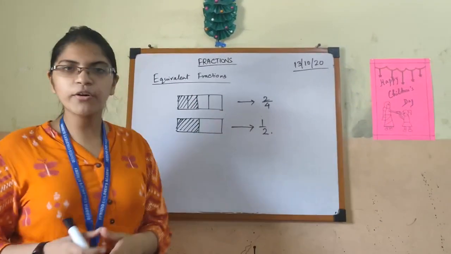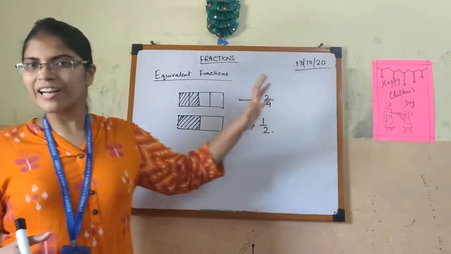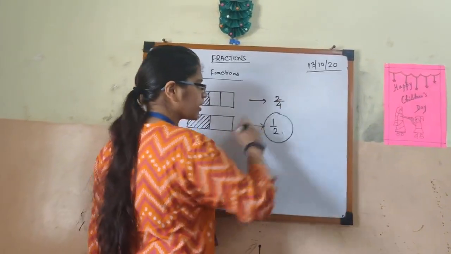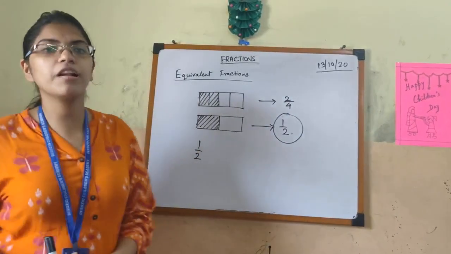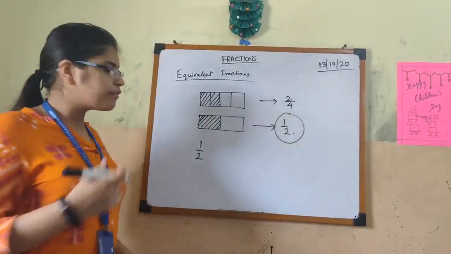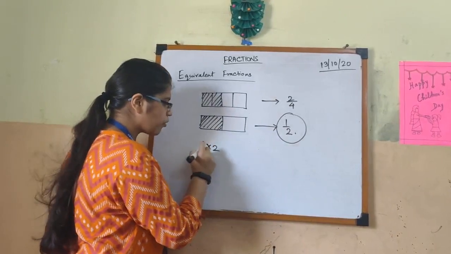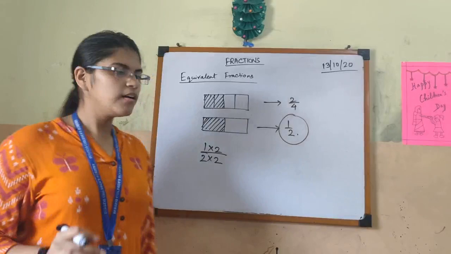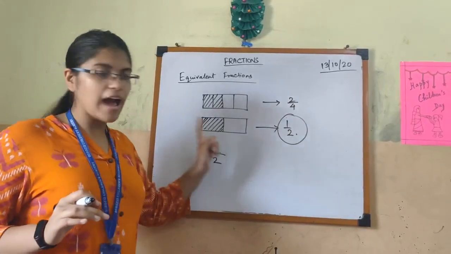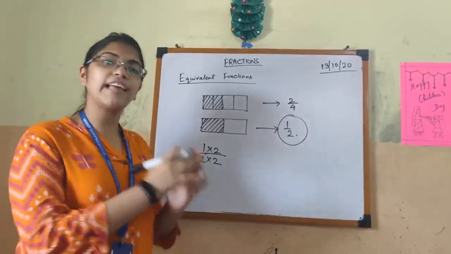We obtain one equivalent fraction from the other. Let us see how. If I have 1 by 2 and I want to find its equivalent fractions, we first multiply both numerator and denominator with the same number. Always remember, we have to multiply the numerator as well as the denominator with the same number.